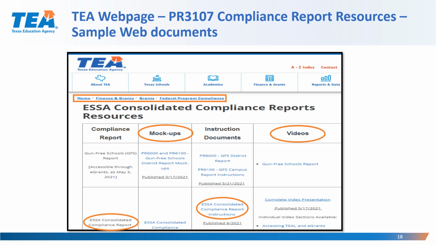Additional Title IV Part A LEA Compliance Report resources may be located on the TEA webpage under Federal Program Compliance Division. On the EASA Consolidated Compliance Reports Resources page, an LEA can find a PDF copy of the Title IV Part A Compliance Report, PR 3107, Schedule Mockup, Compliance Report Instructions, and an instructional video.